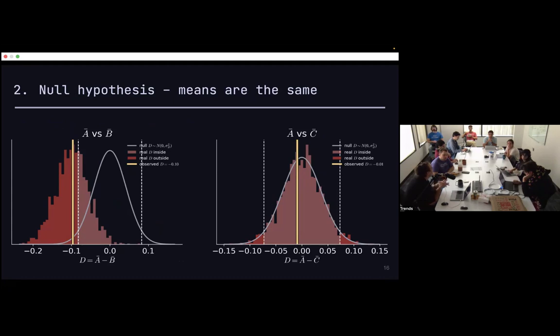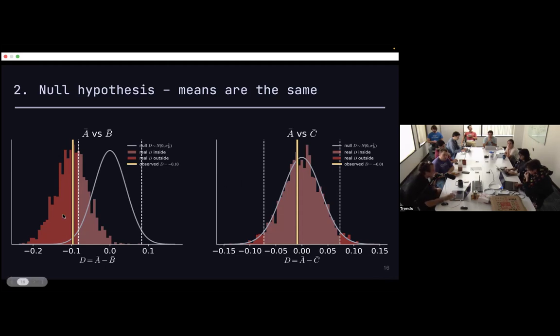The null hypothesis, in our case, says that the dice are the same, and we are going to check it based on the mean. If they have the same mean, then the null hypothesis should hold. If they have different means, then they are different dice, and the null hypothesis is rejected.